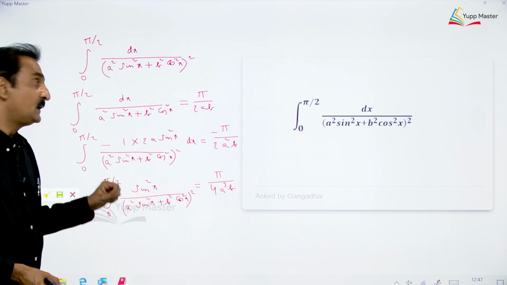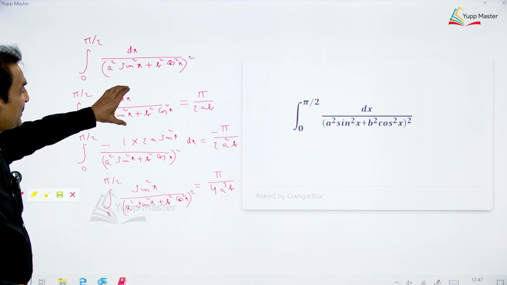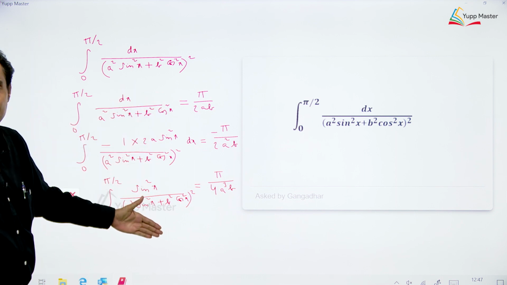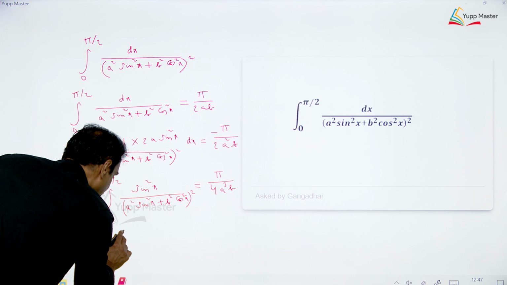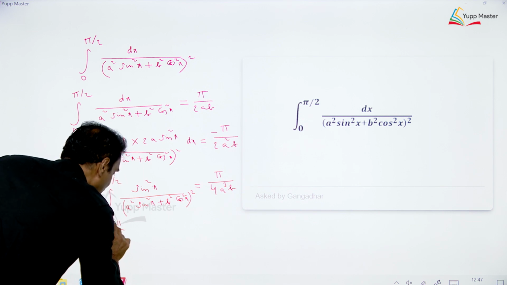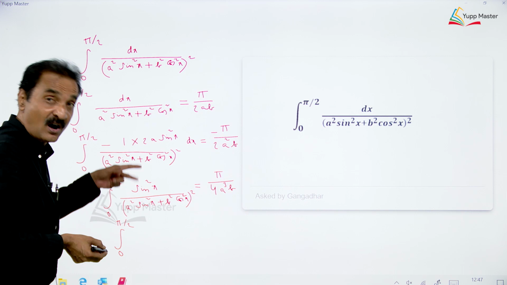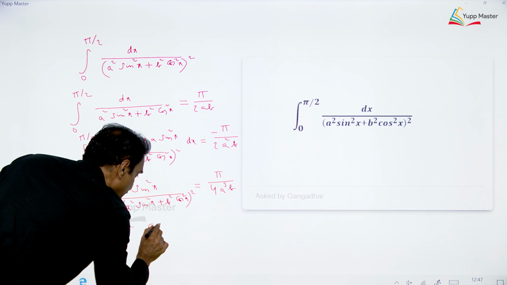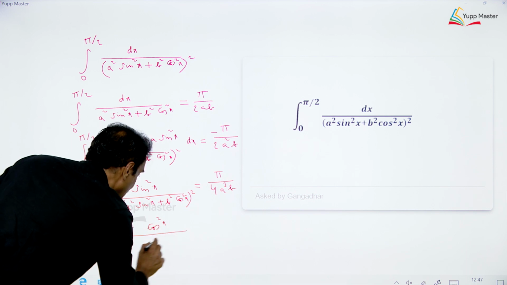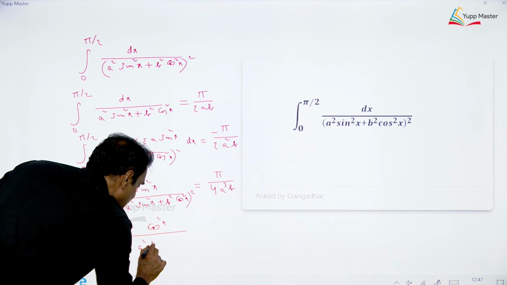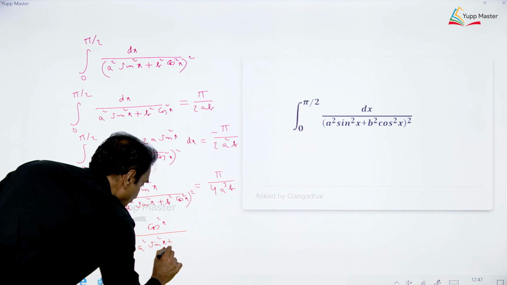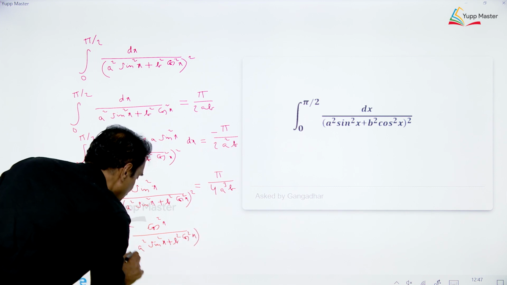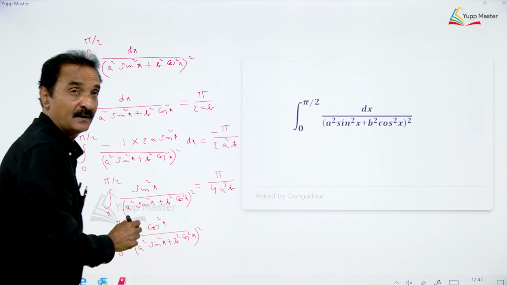Now, I will again differentiate this with respect to b, and proceed like this. Then I will get integral 0 to pi by 2, you will get cos square x here, cos square x by a square sin square x plus b square cos square x whole square dx.